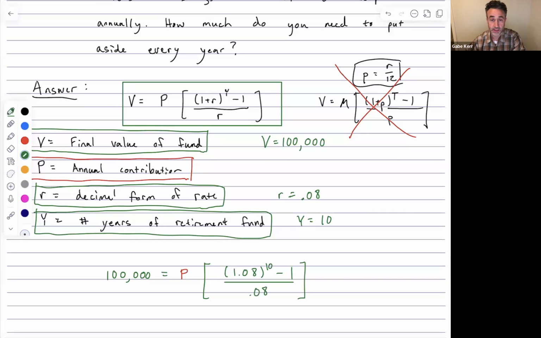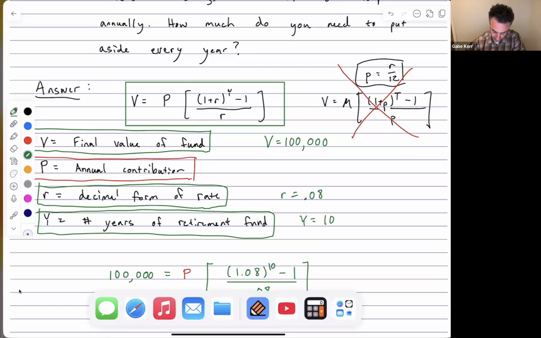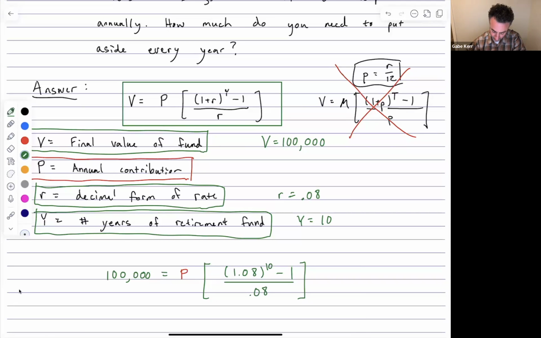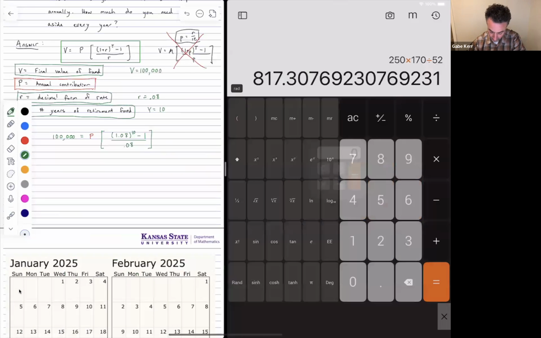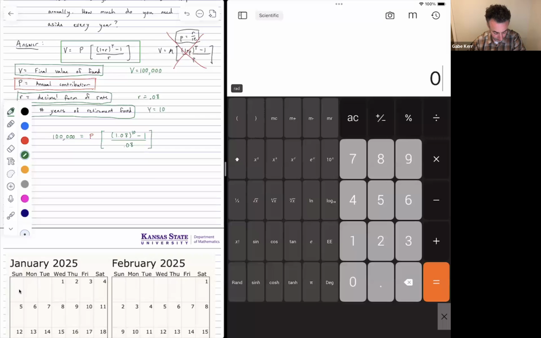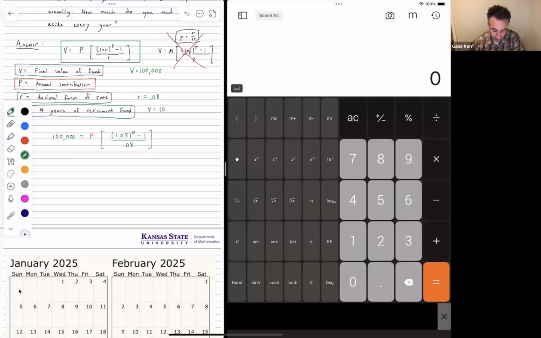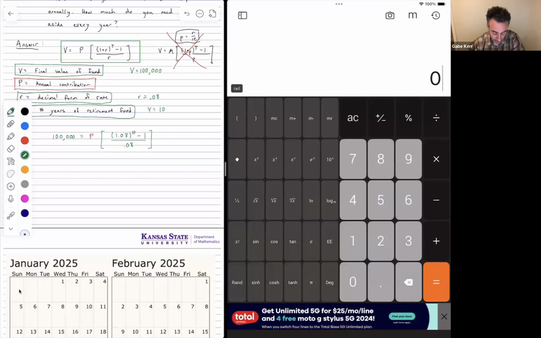Great. And at this stage, I want to pull up a calculator. Let's see if I can do this. I'm going to go ahead and calculate this part here.